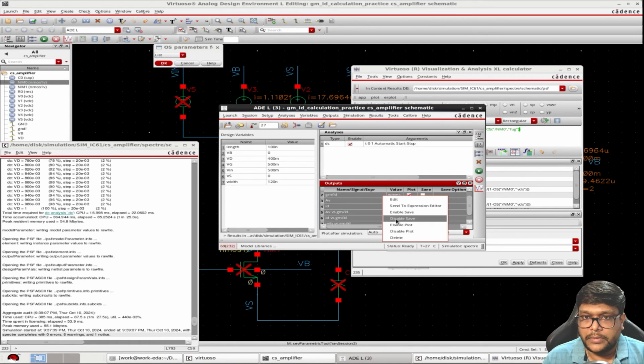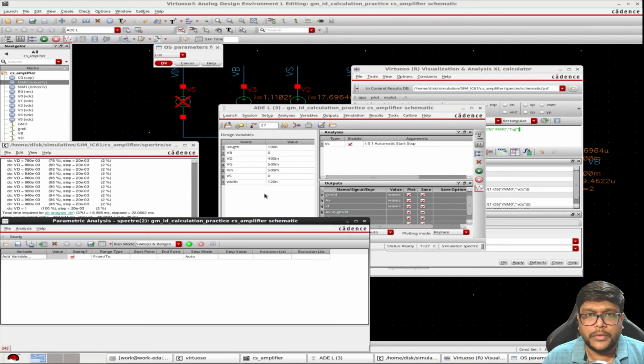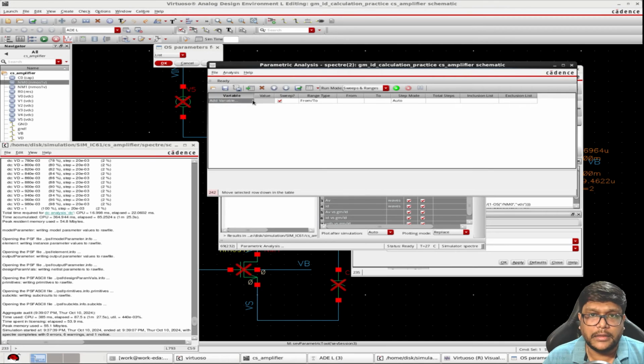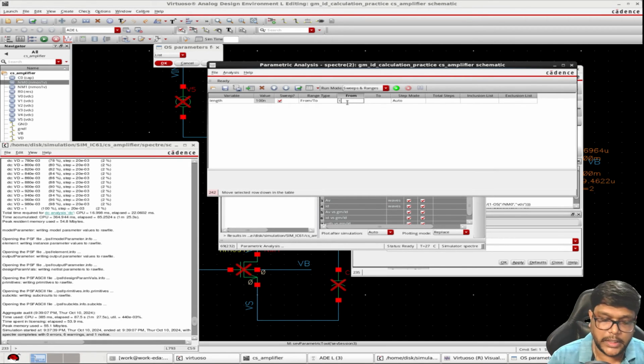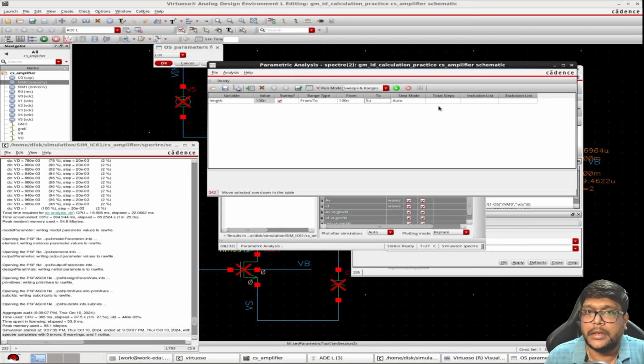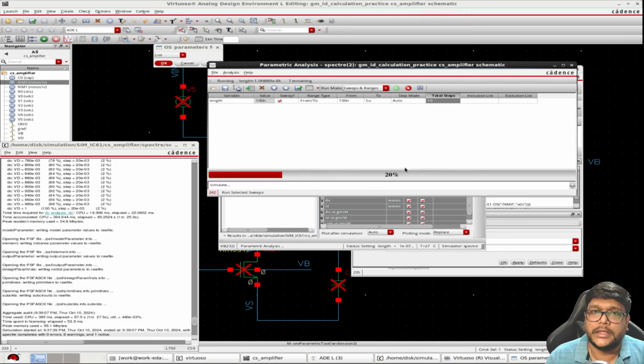So I'll save all this, and I'll do a parametric sweep of length from 100 nanometer to 5U. Let it be 10 steps.